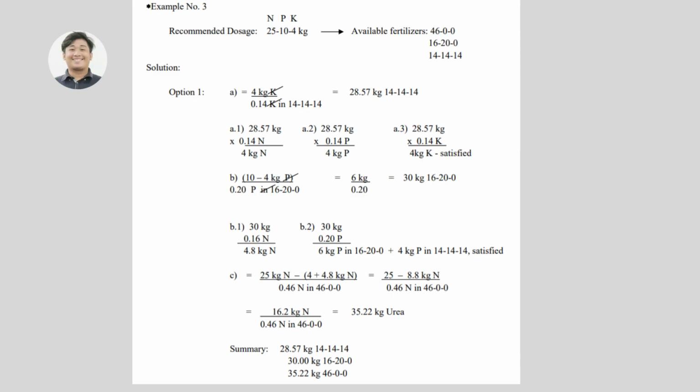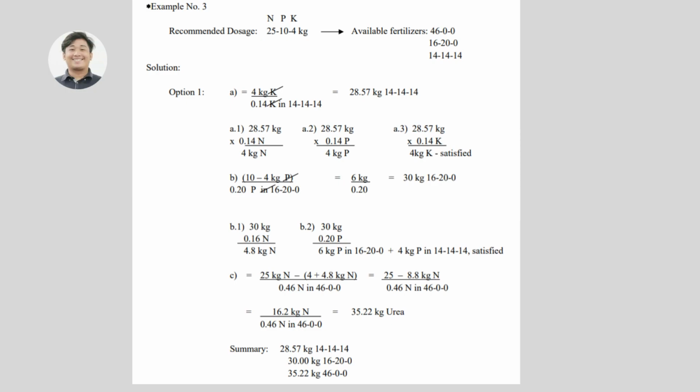Now we'll solve the nitrogen level. The recommended dosage is 25 kilograms of nitrogen. We'll subtract the given nitrogen in the 1620 and the 14-14-14 bag. So 4 plus 4.8 kilograms of nitrogen subtracted from the 25 kilograms is 16.2.